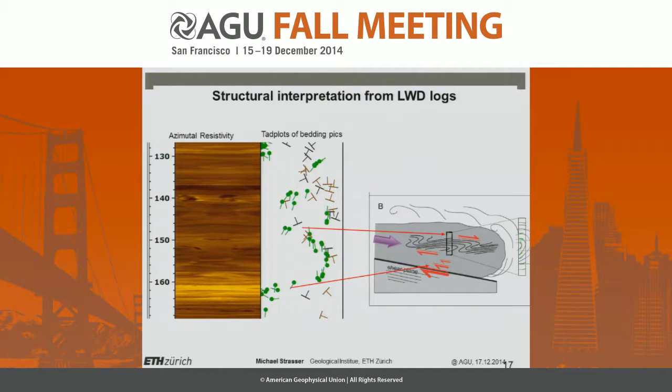So we're looking here at azimuthal resistivity across this MTD6, and those are the tadpole plots of all the bedding picks. So on the left-hand side, it would be flat-lying strata. On the right-hand side, it would be steeply dipping strata, and the direction of the tadpole gives you the direction of the inclined plane.